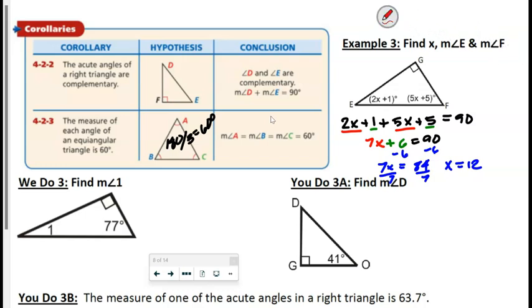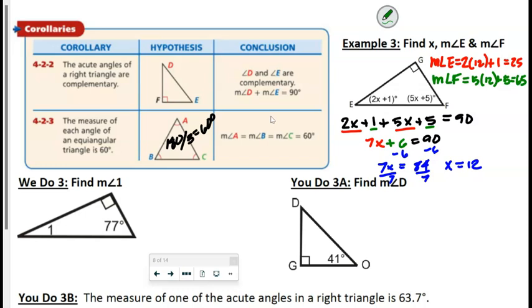So we're going to say the measure of angle E is equal to 2 times 12 plus 1, that's 24, plus 1, that's 25. And then the measure of angle F is equal to 5 times 12. That's 60 plus 5, so that's going to be 65.